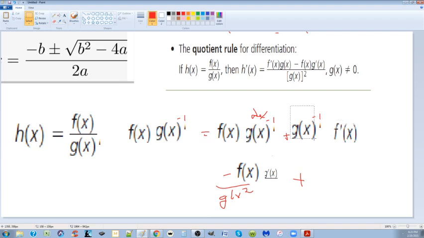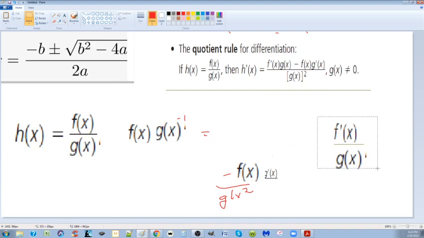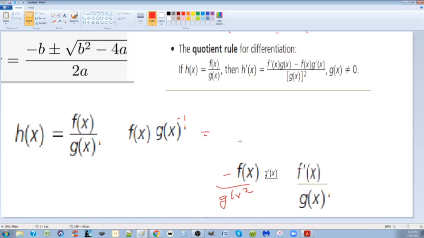And this just means it goes down to the denominator. So this is the same as that, with a plus sign in the beginning.